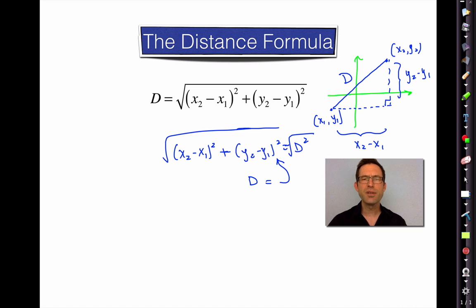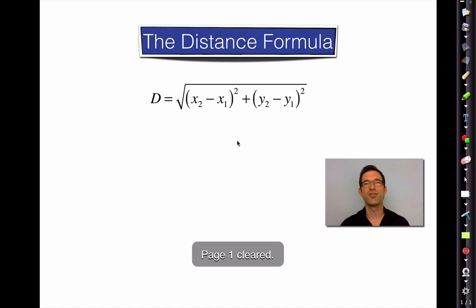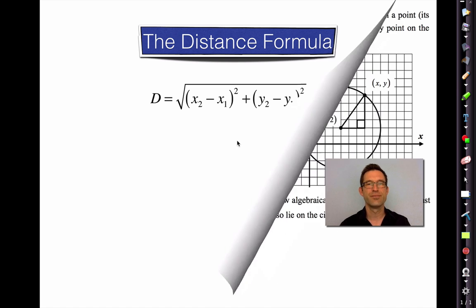All right, so the distance formula is actually going to be key in what we do this lesson and in the next lesson. So I hope that you became very comfortable with it in coordinate geometry, especially when you did coordinate geometry proofs. Anyhow, I'm going to clear this out, and then we're going to jump into the equation of a circle.